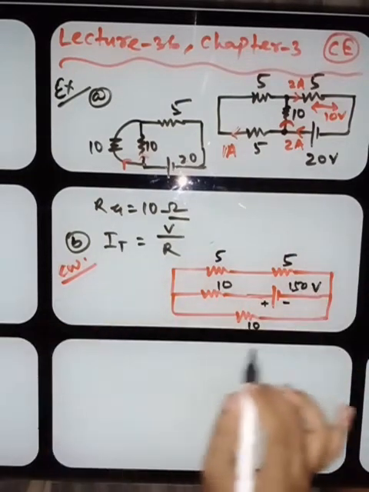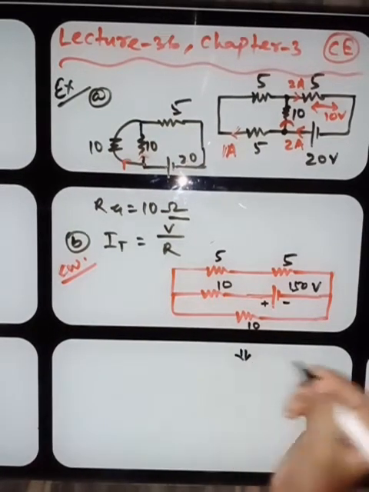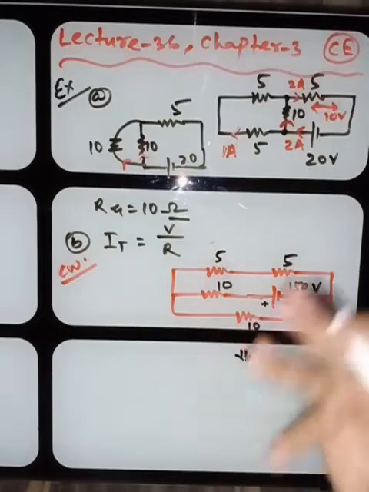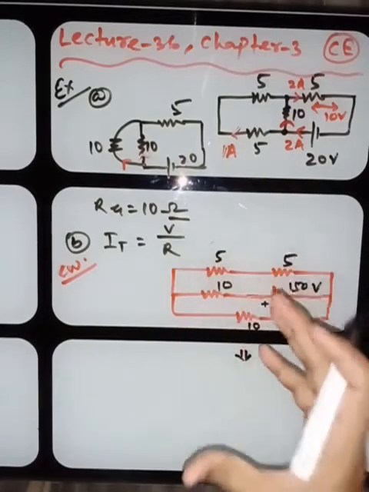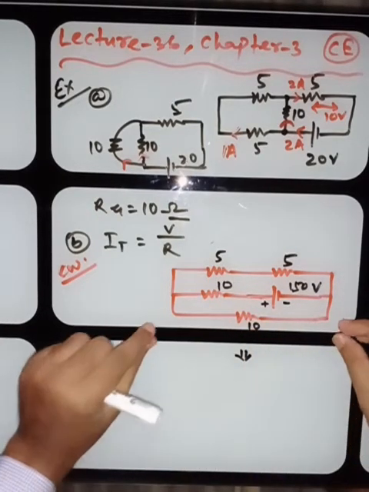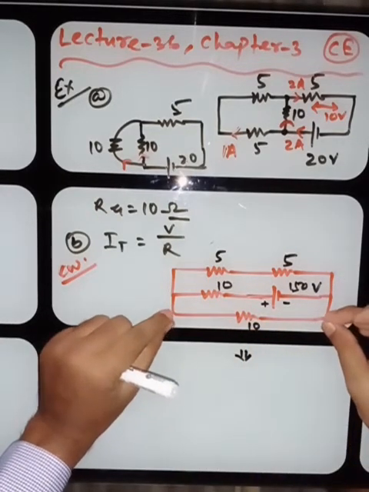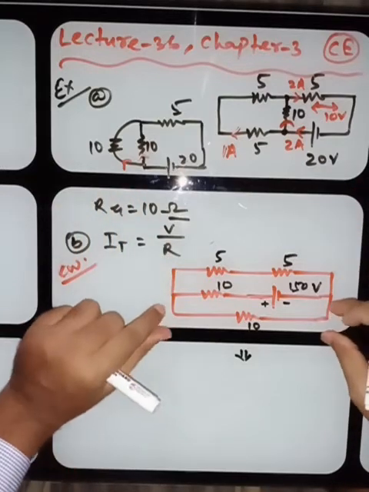First, equivalent resistance. If you are very intelligent, then you can solve this question, but I am helping those students who are not able to see the circuit in a simple way. You can see this resistor can be taken above. It's no problem.